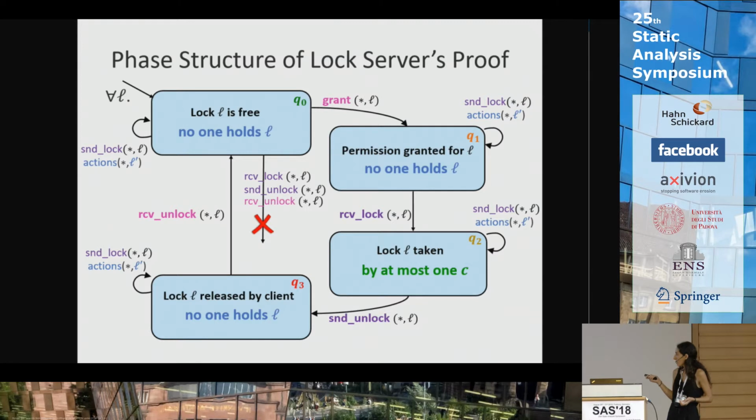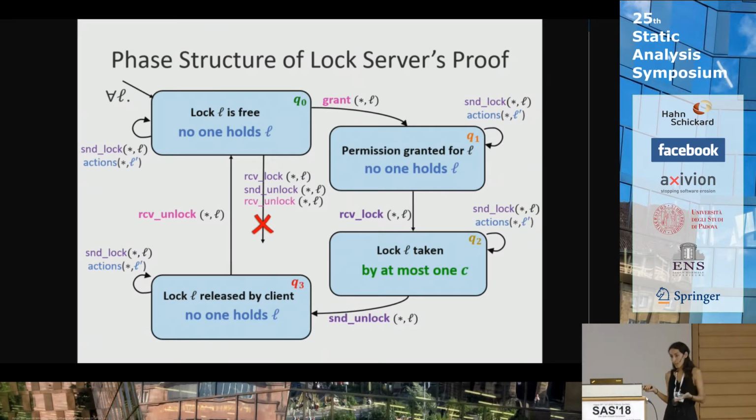In this phase here, because here no one had the lock, and now just one client got the lock, then at most one client holds the lock, which is what I wanted. And here again, no one holds the lock, so the property holds. It's very easy to see that in every phase, the property that I wanted to verify holds. Okay, so this is the intuitive explanation for why the protocol is correct.